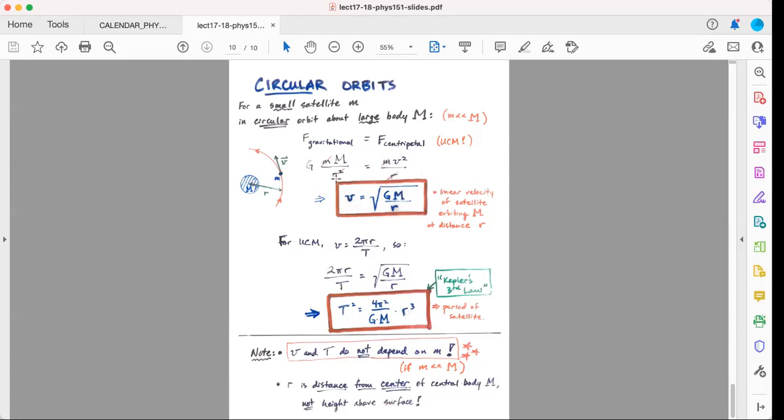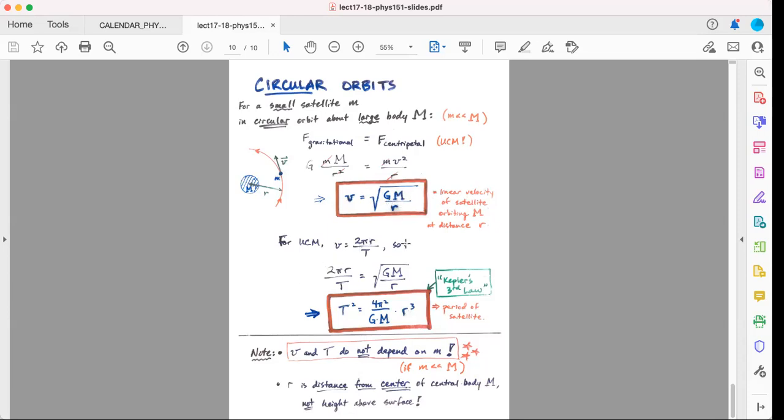R is the same, so we can remove one of these radii. The small mass is the same, so you see that it doesn't depend on the mass of the object, as long as it's much smaller than capital M. Then the linear velocity of the satellite orbiting at a certain distance r from our planet is the square root of G M divided by R.